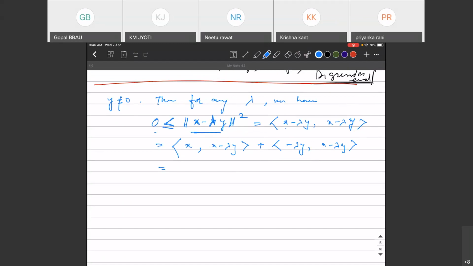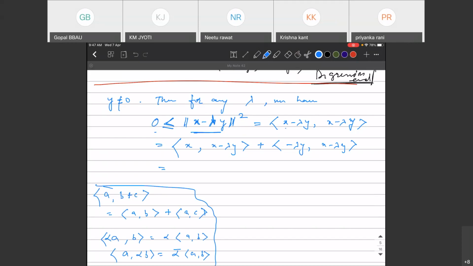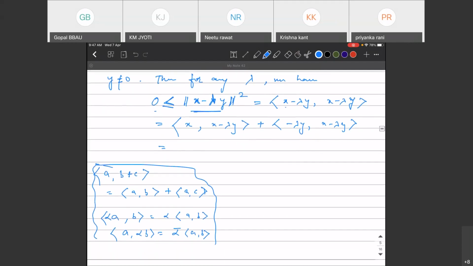Now it is linear in the second as well, which means we get a comma b plus a comma c. We also saw that alpha a comma b equals alpha times a comma b, and a comma alpha b is alpha bar times a comma b. We will use some properties of complex numbers, so remember this part.